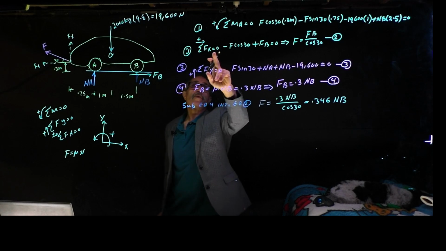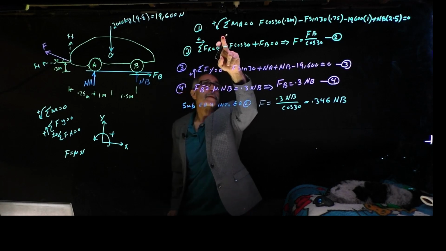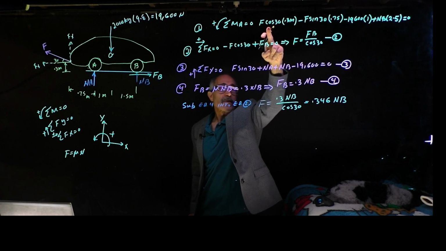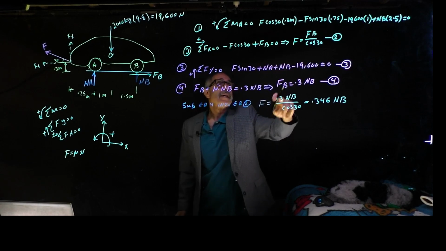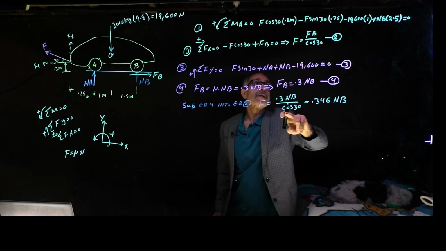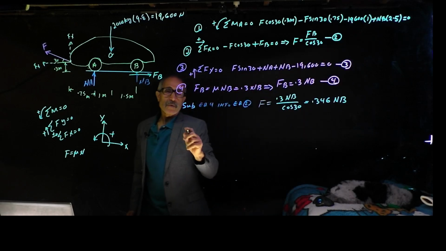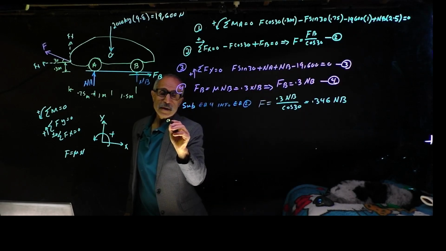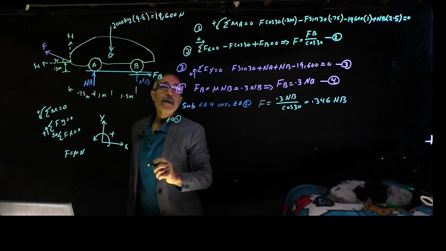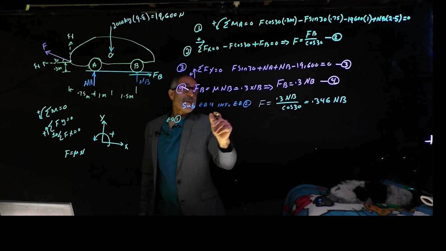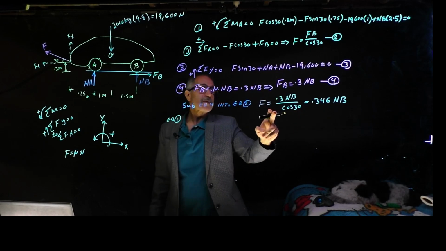Now take a look at equation 1 right here. We have F cosine 30, so I can put this number in there. F sine 30, I can put this number in there. And everything in terms of NB. So using equation 1, we're going to go ahead and substitute this in there. So instead of F, you could use this number, but it looks easier to use this.